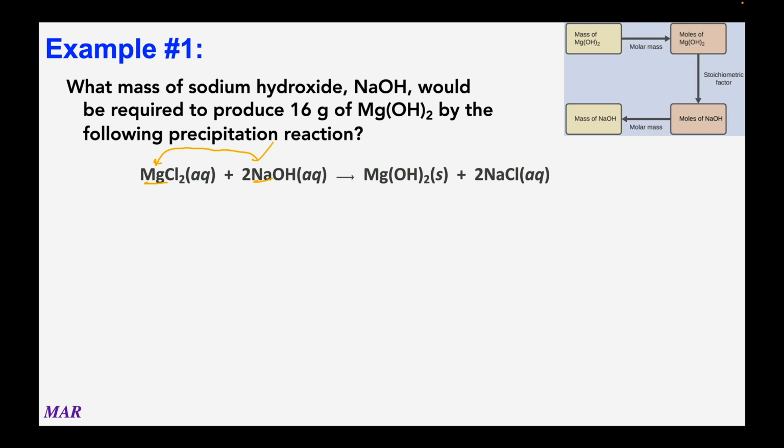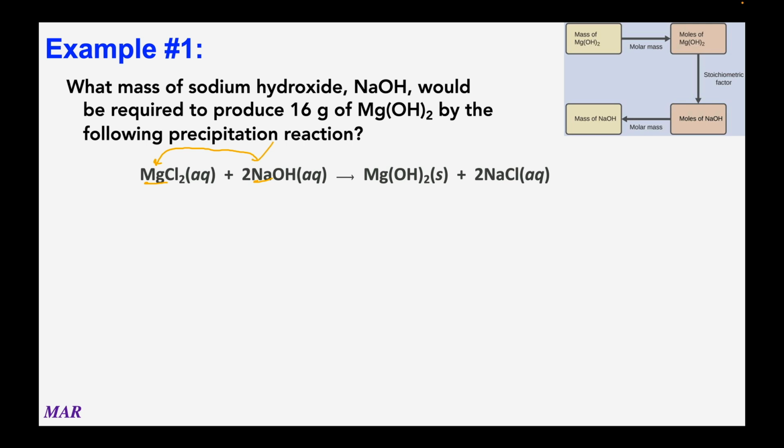Magnesium was positive 2 on the reactant side, and it's going to be positive 2 on the product side. If it's going to pair with hydroxide, which is a -1 polyatomic ion, the formula will be Mg(OH)2. In the process, Na is going to pair with chloride to make NaCl. We'll balance the atoms and put a 2 in front of the NaOH and a 2 in front of the NaCl.